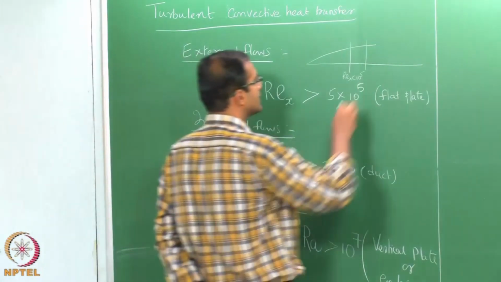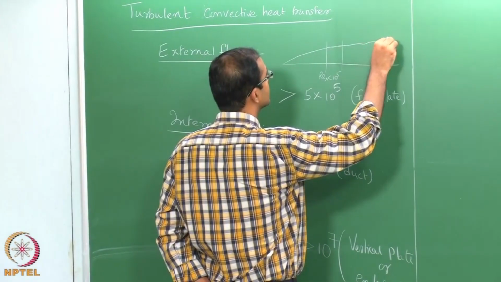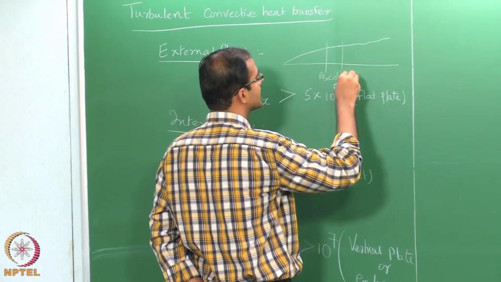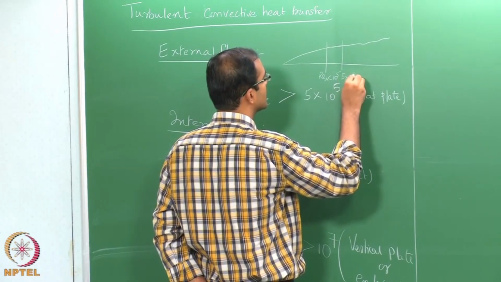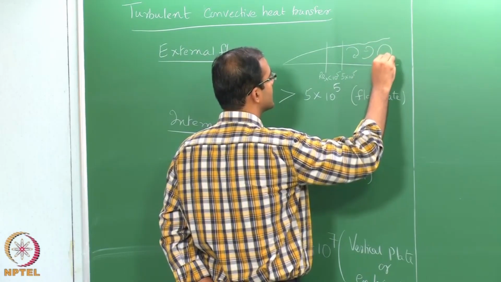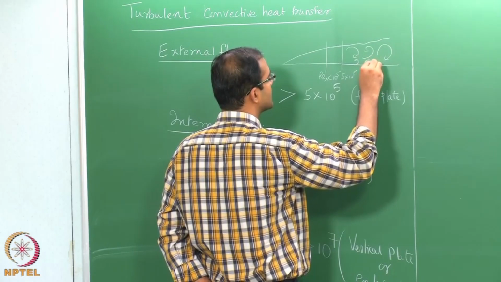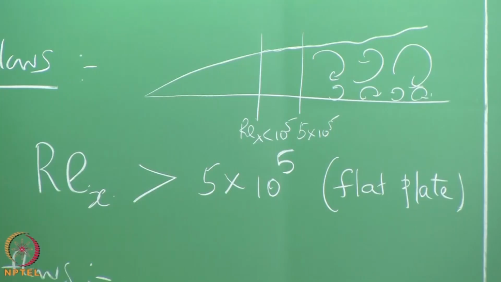Once these instabilities start, in the turbulent region where the Reynolds number is greater than 5 into 10 power 5, you will see motions which are definitely not streamlined. Not only that, you will see several structures, several large eddies of all length and time scales.